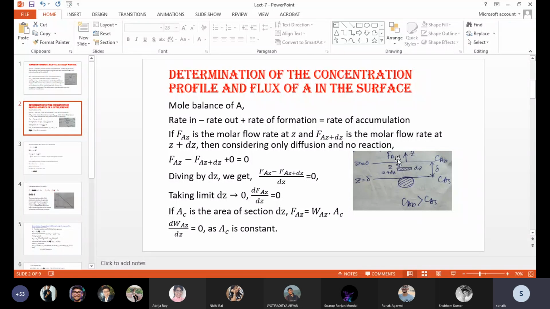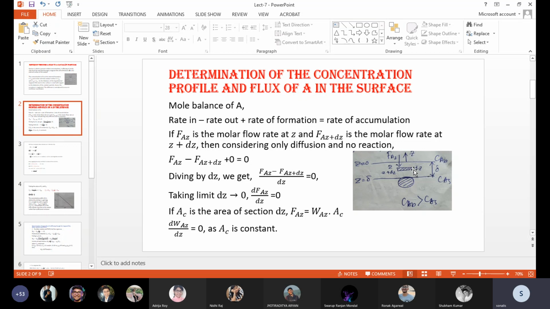And FAz is the molar flow rate of A at the point z. CAB is in the bulk, and after delta thickness it is CAS on the surface of the catalyst, and CAB is greater than CAS.